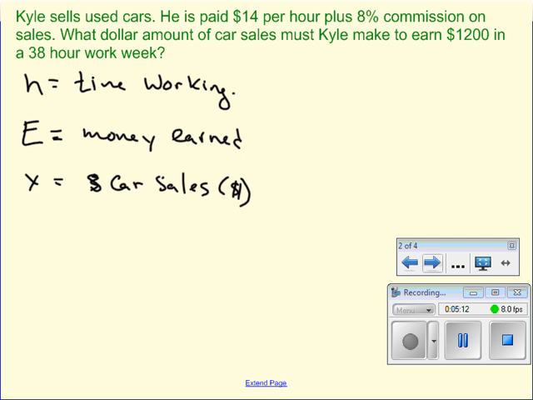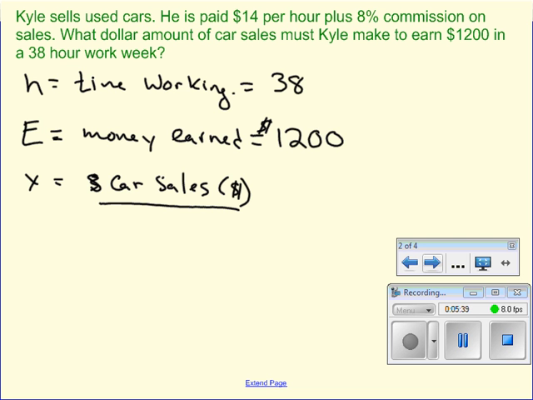But in this question, I'm given two of these three variables. I'm given the amount he's worked in a week, which is 38. And I'm given the money he's earned in the week, or at least what I want to know, which is $1,200. I want to try and find out what his car sales are.